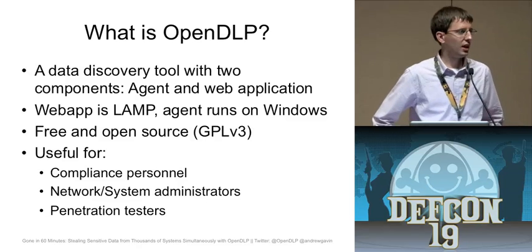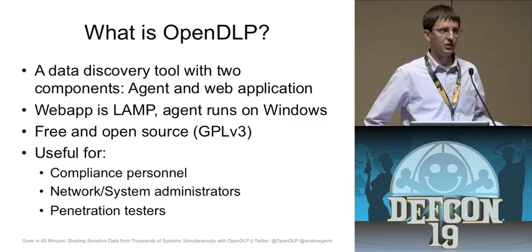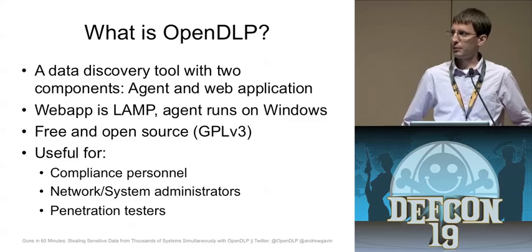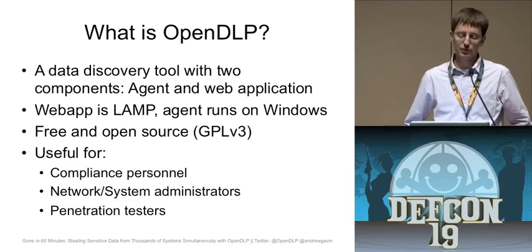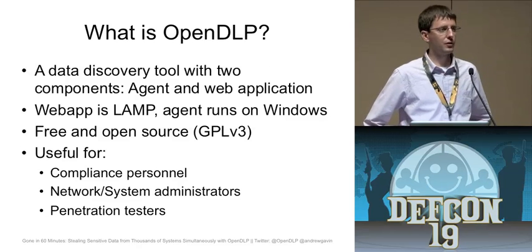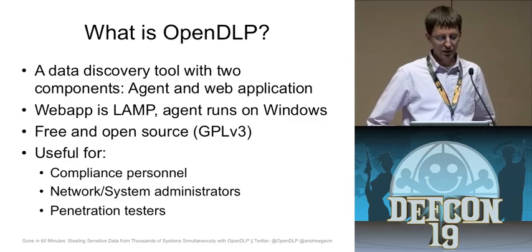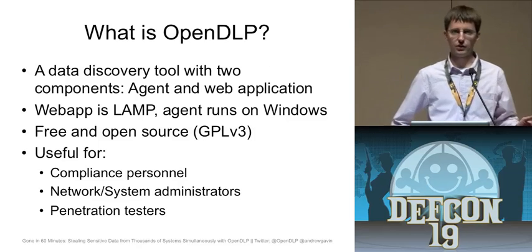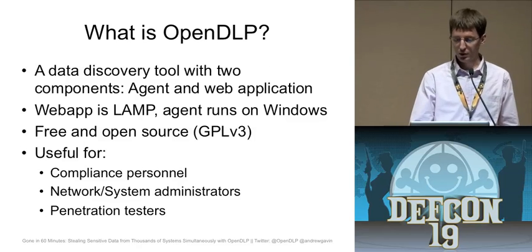So if you're like a PCI guy, you want to find out where your PCI data is, you would want to use this. It's also good for proactive network and system administrators because we all know they are proactive, right? And then finally, the coolest thing: I'm a pen tester, so I really wrote this for myself. I use this after I get domain admin, and then I just let this thing rip on the entire network, and it's pretty cool.